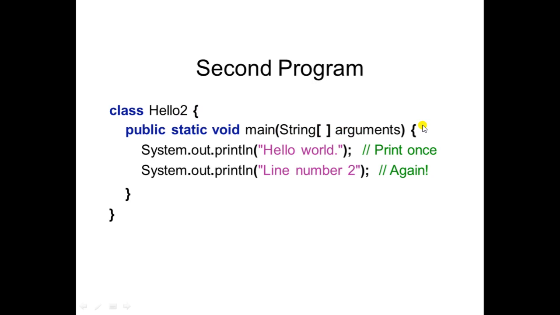I have opened that main method. In the main block I have written two statements which I want to print as they are on a screen. What message do I want to print here? Hello world, and then line number 2. This message I want to print on a screen.